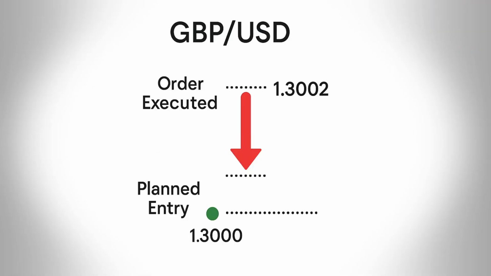Positive slippage, on the other hand, is a pleasant surprise. It is the slippage that may make you smile. This happens when your order is filled at a better price than the price you chose. For example, you wanted to sell GBP/USD at 1.3000, but the market slipped in your favor and your order was executed at 1.3002.